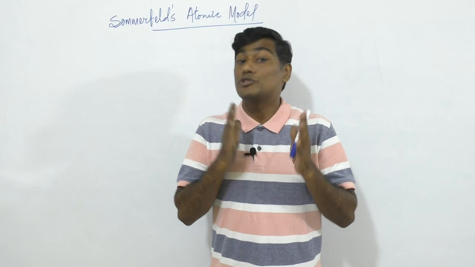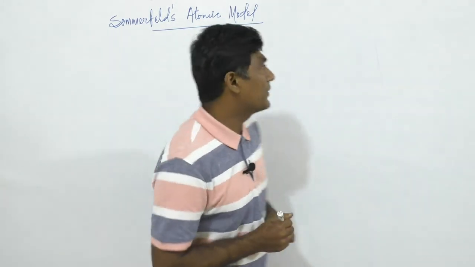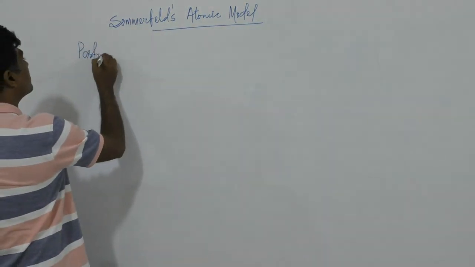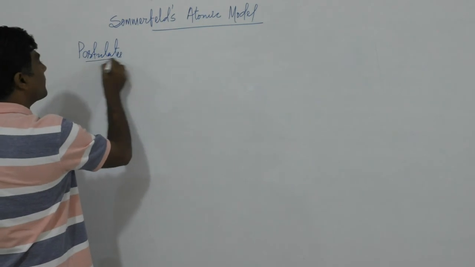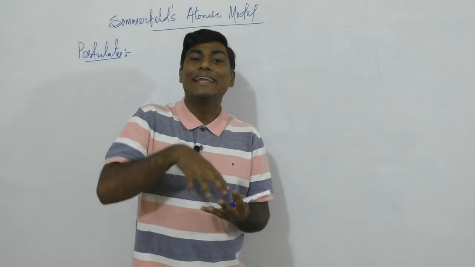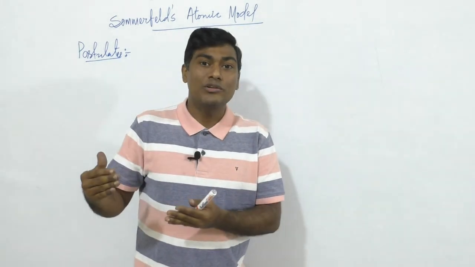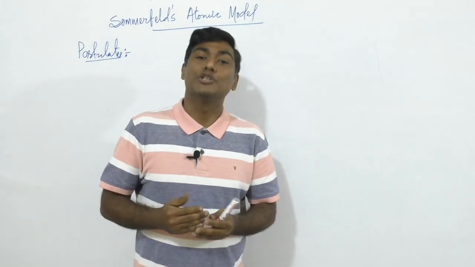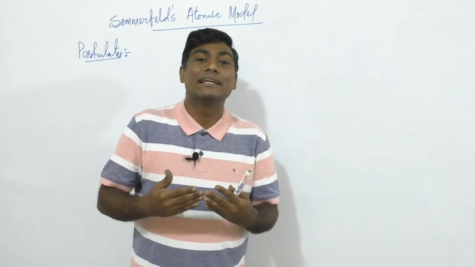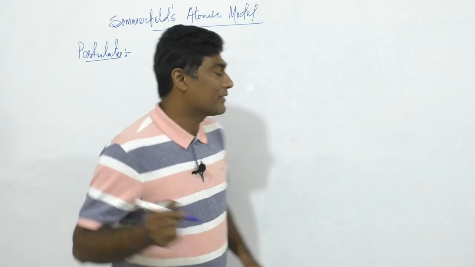So what are the postulates of Sommerfeld's model? The first postulate is that when an electron moves around the nucleus, the path of the electron is influenced by the nucleus. Thus, it gets an elliptical path instead of a circular path, right?